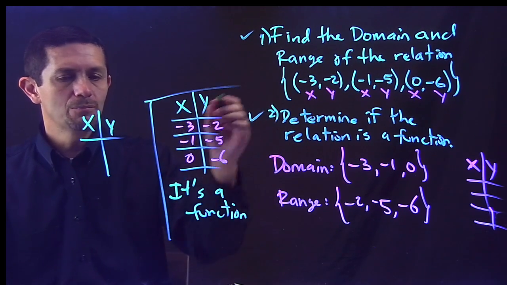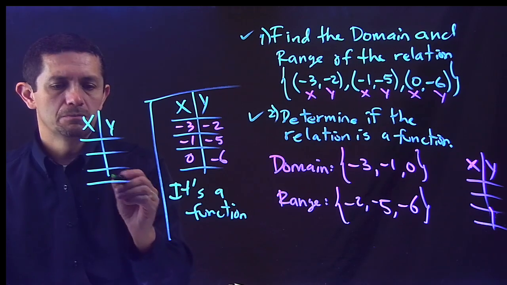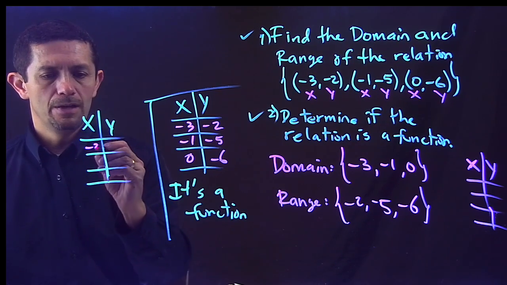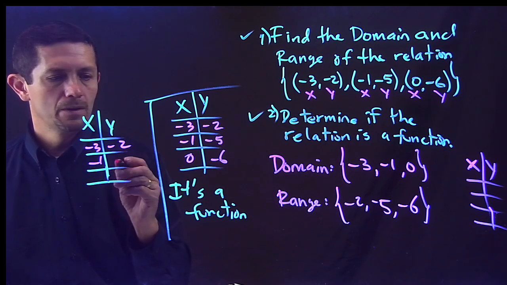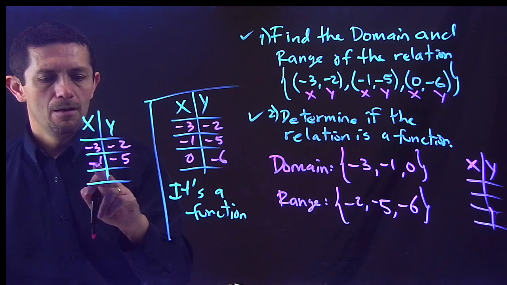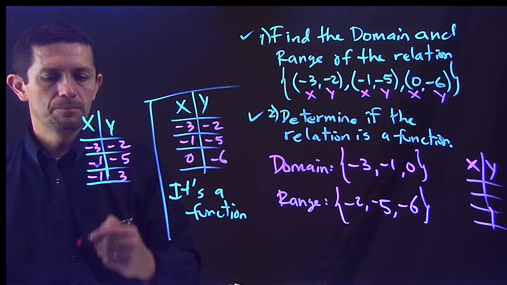Let me give you a different example when something is not a function. So let's say that I have three values as well. Let's say that I have -3 and -2, then I have -1 and -5. Okay, but I also have -1 with 3.